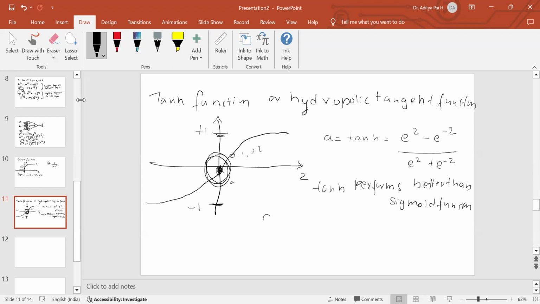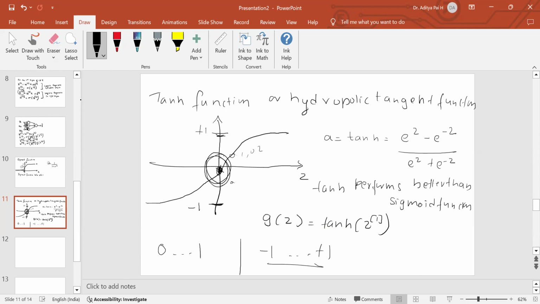So we can represent this as g of z equal to tan h of z of 1. Normally this tan h is applied to the hidden layers, but not the output layer, because for the output layer you should have the output between 0 to 1, but tan h is between -1 to +1.